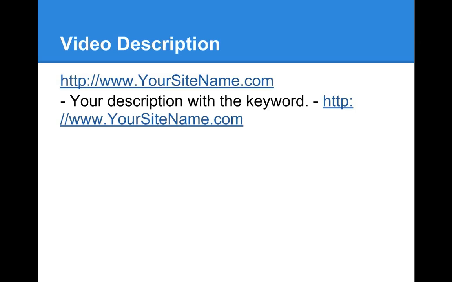Video description. That's another place where you definitely need to use both your keyword and site address. You can do it in the following format: http://www.yoursitename.com, then dash, then your description with the keyword, dash, and again http://www.yoursitename.com.